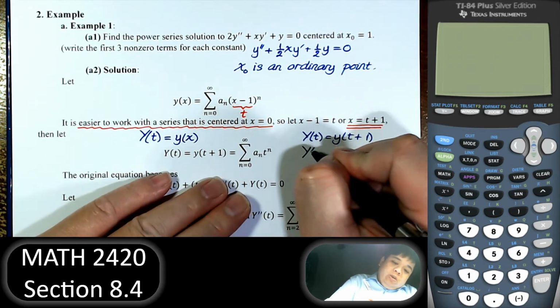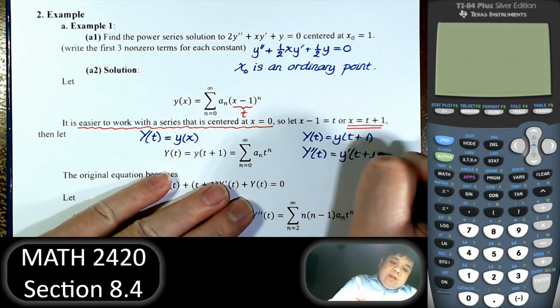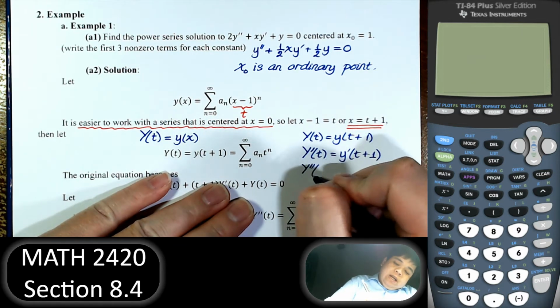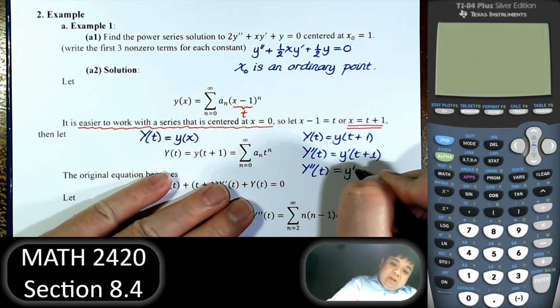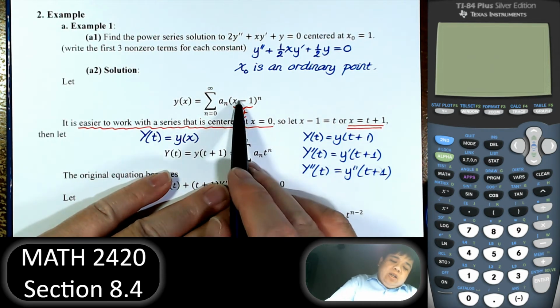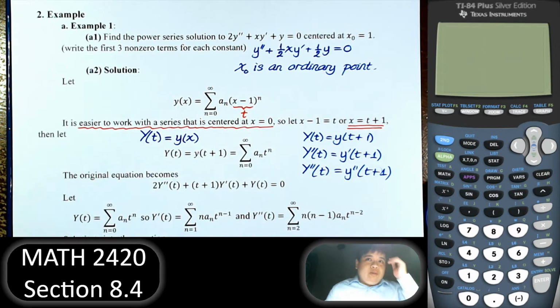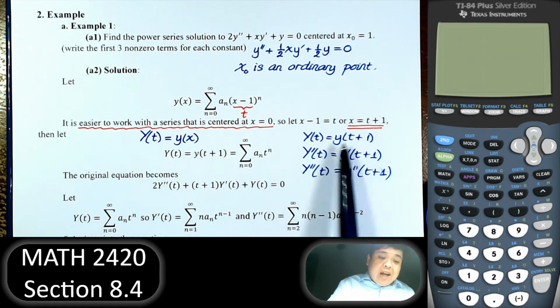So the derivative in t is the derivative, and the second derivative as well. But if we put t plus 1 into x, then t plus 1 minus 1 gives us just t. So we just make a simple adjustment like this.